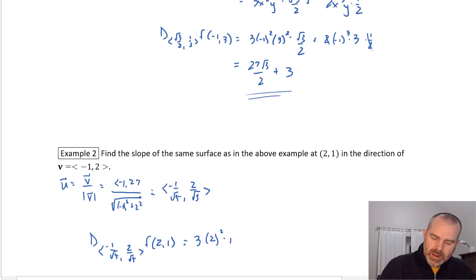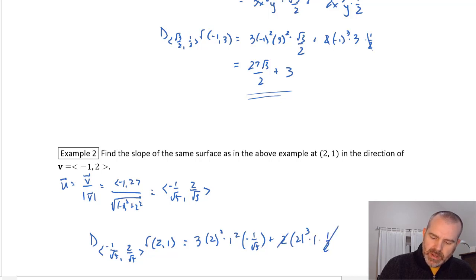Oh, look at that, I'm learning new things about my pen here. So 3 squared times 2 squared times 1 squared times -1 over square root of 5 plus 2 times x cubed times y times 1/2.